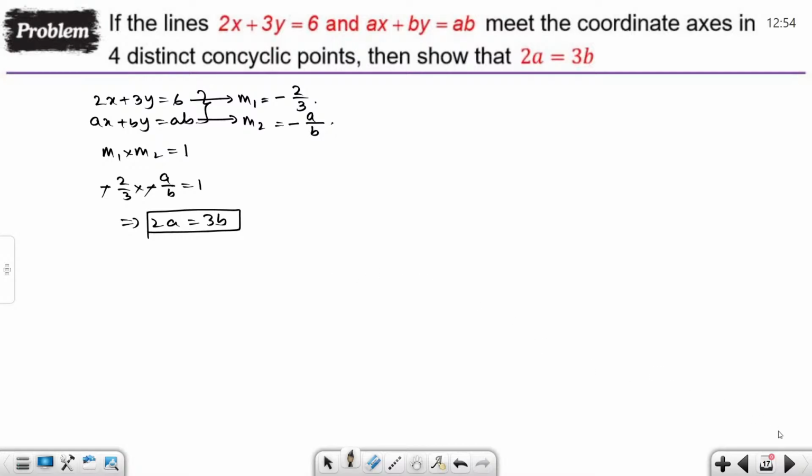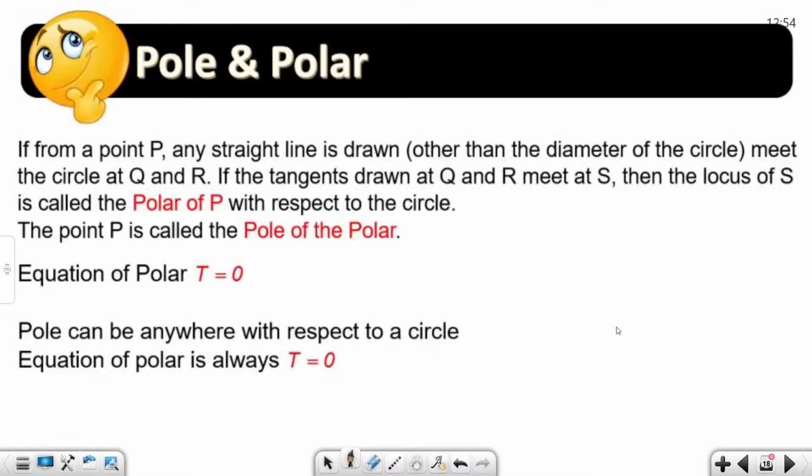Now let us move to the next part of our lecture, which is pole and polar. Pole and polar is a subtopic in the circle chapter which has been excluded from the JEE Advanced syllabus.